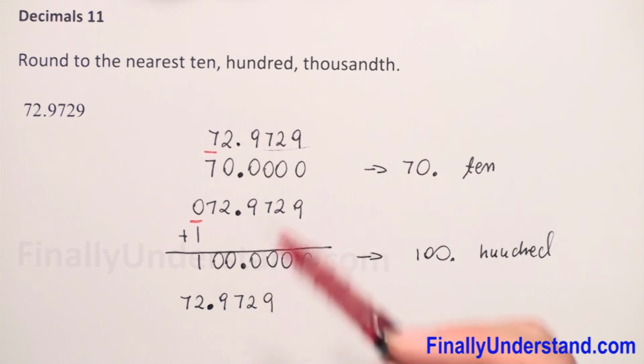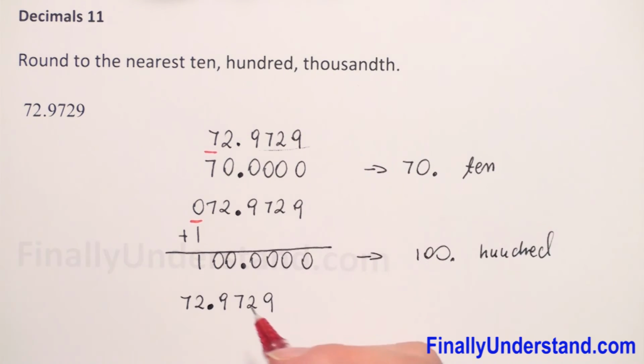So first we need to find thousandth. The decimal point is always between ones and tenths. Tenths, hundredth. Next is thousandth. We underline 2. We have 2 thousandths.